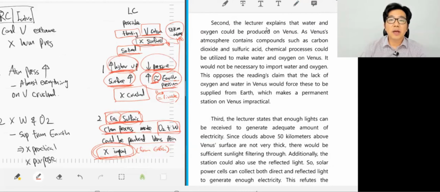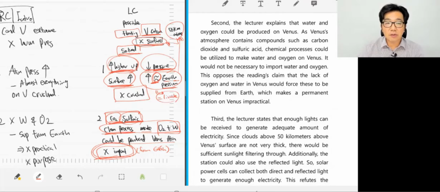Second, the lecture explains that water and oxygen could be produced on Venus. Okay, so oxygen and water can be made in Venus. Okay, as Venus's atmosphere contains compounds such as carbon dioxide and sulfuric acid, there are possible chemical processes, however you want to paraphrase, I guess, to make water and oxygen on Venus.